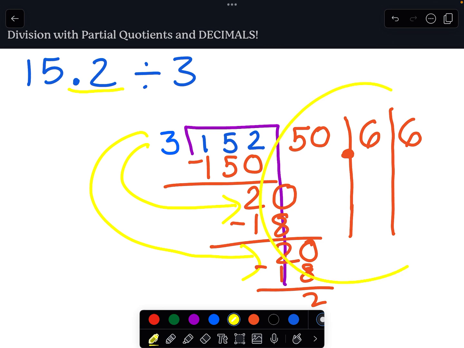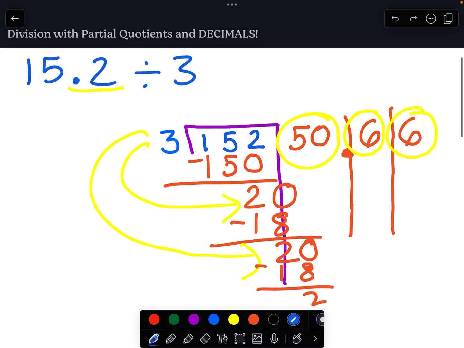So now I'm going to look at the partial quotient area here, and I'm just going to look at what I've got in these columns. I've got 50, a decimal point, and then 6, and then another 6. So I'm going to write that in.